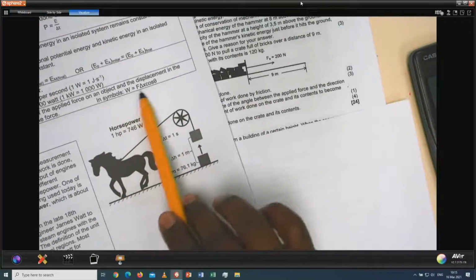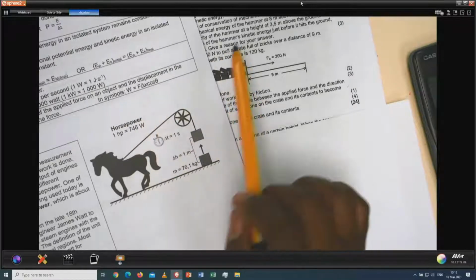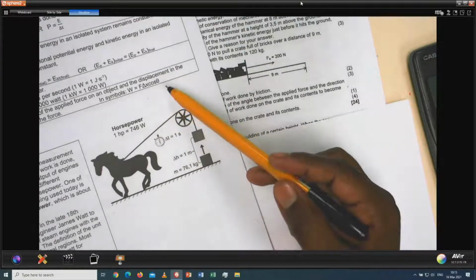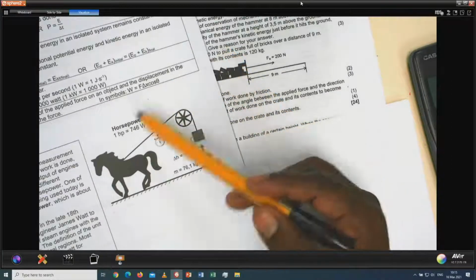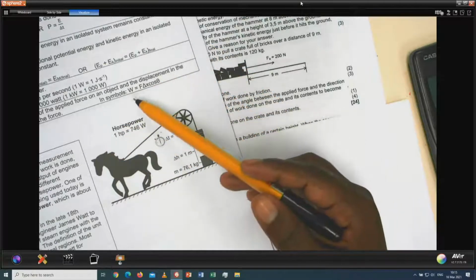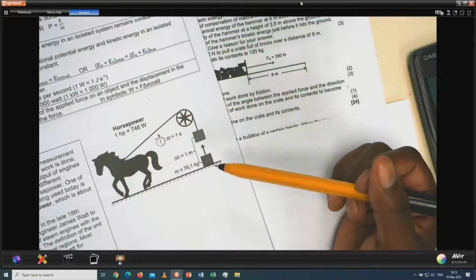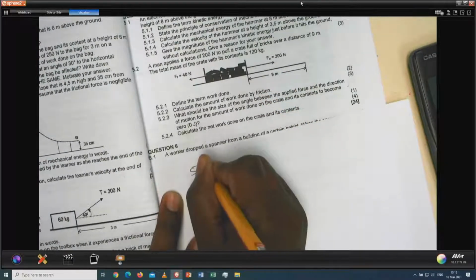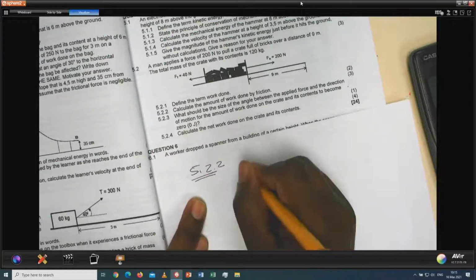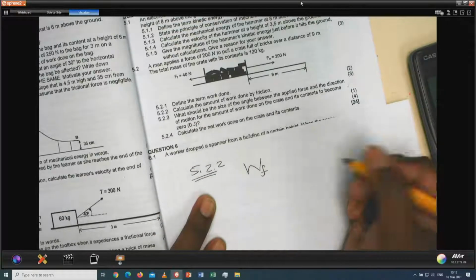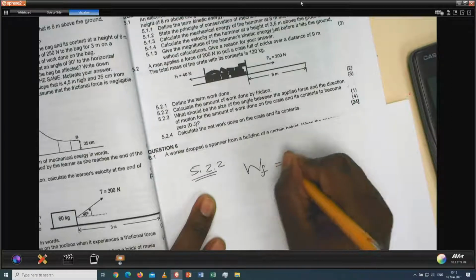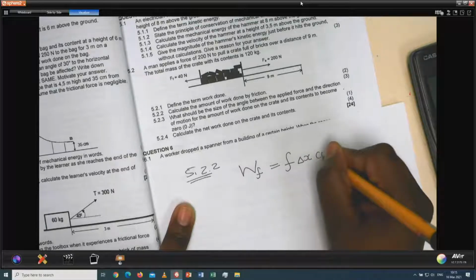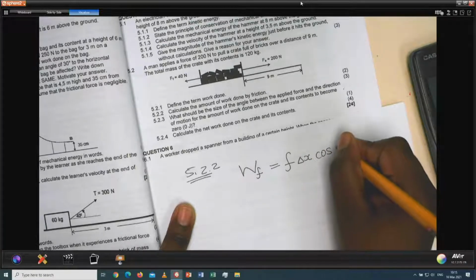You will see the formula is like this. So what's important is that as you use the formula, you put in the subscripts which indicate which force we are talking about, and which force is doing the work that you're calculating. So for 5.2.2, our formula, we want the work done by frictional force, which will be equal to the frictional force times the displacement times cos theta.